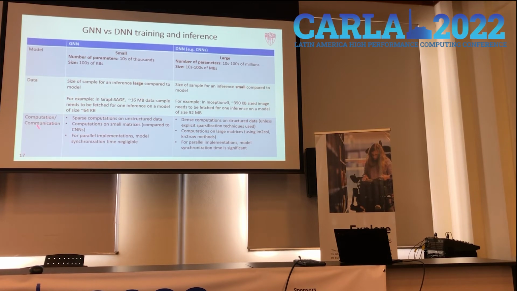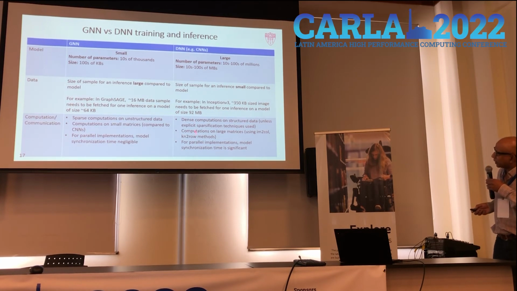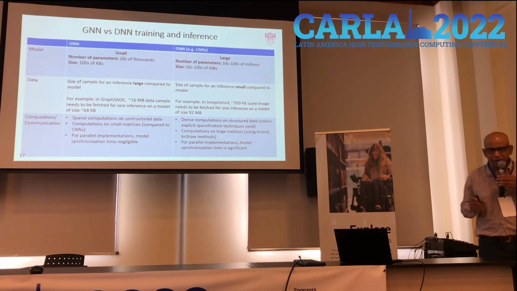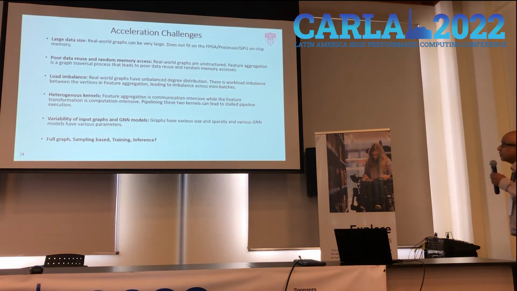And the kind of computation and communication you do, I talked about this earlier: you have sparse matrix computations and irregular memory access patterns. Compare this with the dense computations we do in DNNs and the very structured convolution operations, which are not available in the context of GNNs. That makes this problem more challenging.